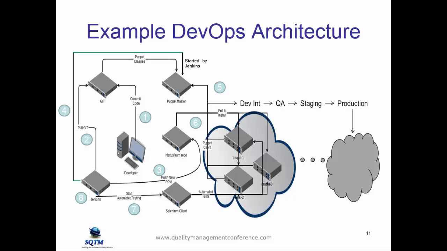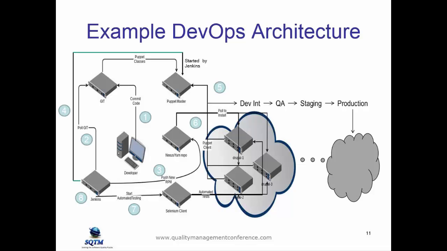Puppet has a set of scripts that it then pulls from Git that tell it for the environment that's been requested what to set up, how to set it up, how to provision it, how to configure it, and what to put on it. And that then is executed by a set of boxes. These might again be virtual, they might be in the cloud, they might be wherever, to set up that environment.